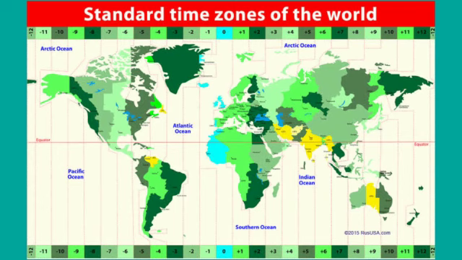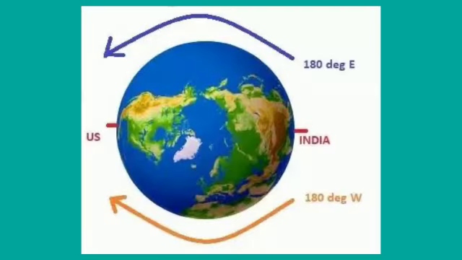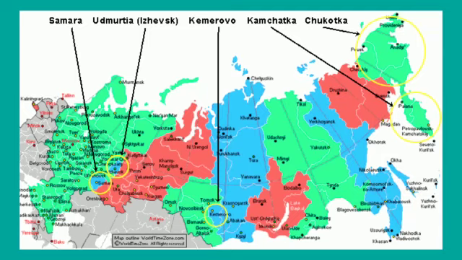It means we are ahead of Greenwich by 5 hours and 30 minutes. So it will be 7:30 p.m. in India when it is 2 p.m. noon in London.